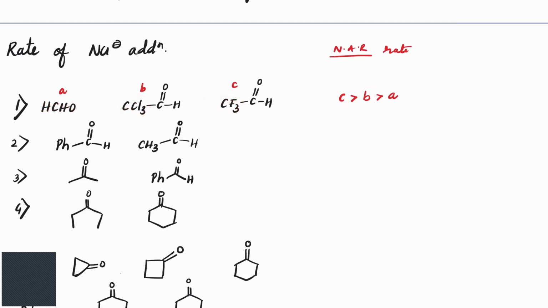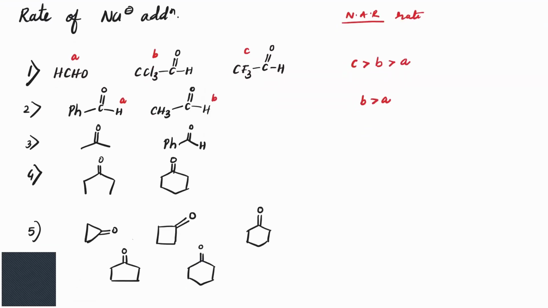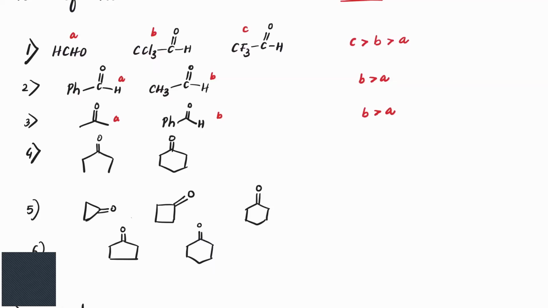Second, if I compare A and B, definitely B is greater than A, because in benzaldehyde there is resonance stability. Similarly, ketone versus benzaldehyde, if this is A and this is B, in that case, benzaldehyde still will be more reactive than ketone, because all aldehydes are generally more reactive than ketones.